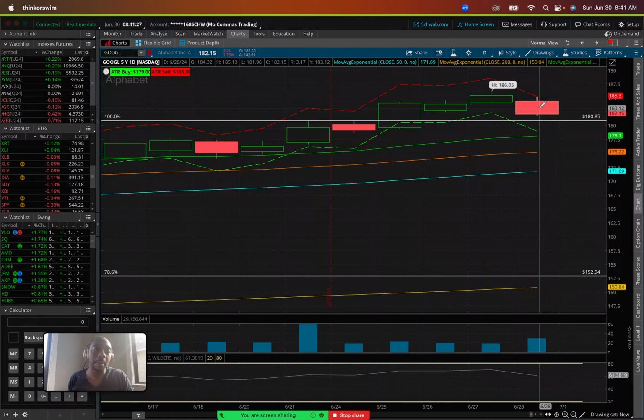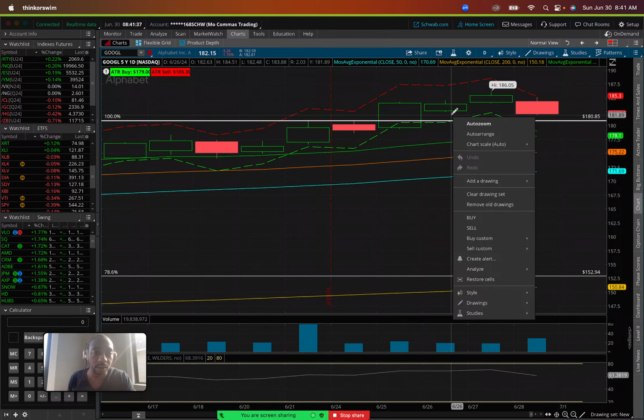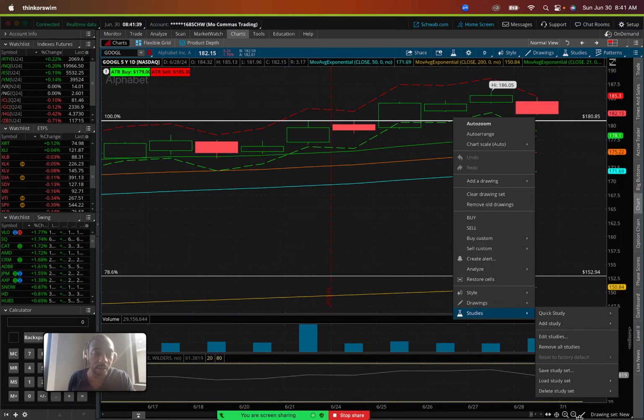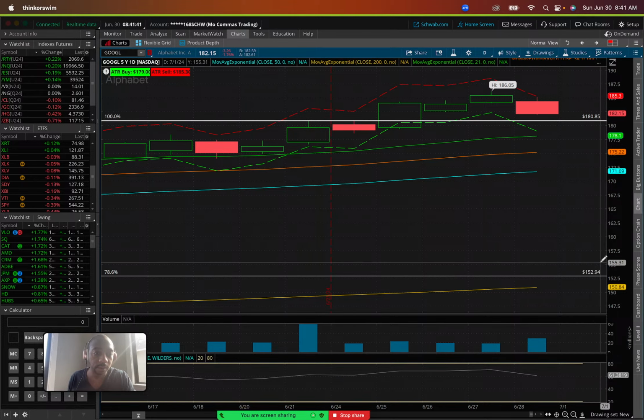If we're talking about Monday, the closing price on Friday was $182.15. So if you draw that on your chart, let's say 182.15.